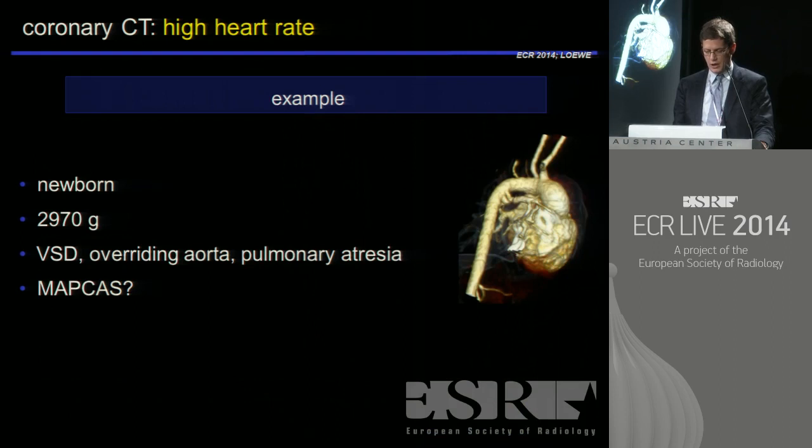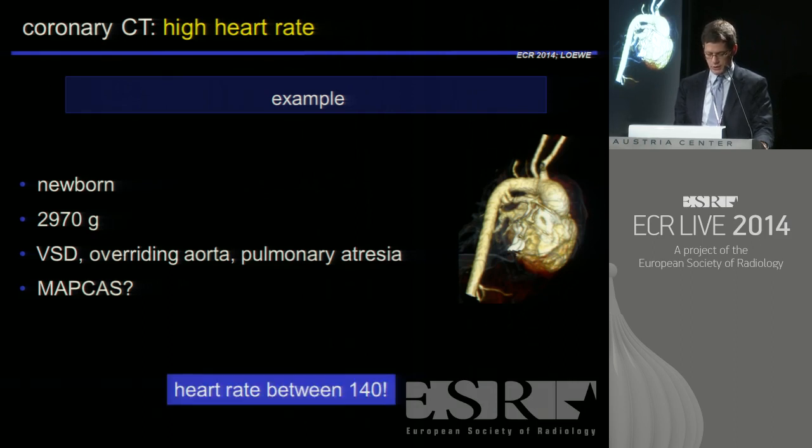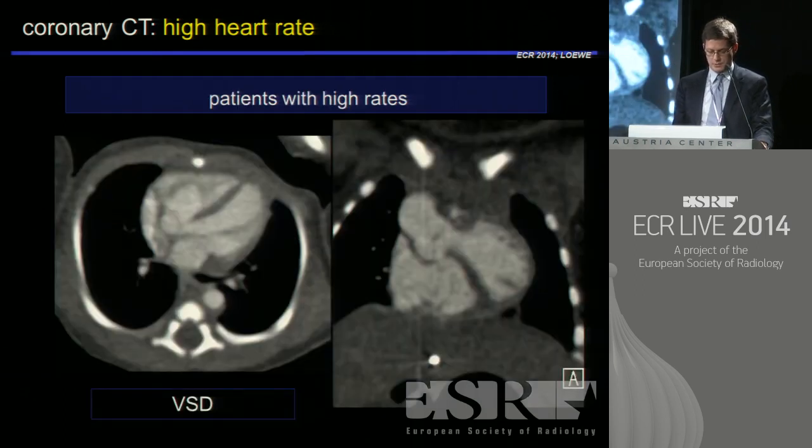Another example is a newborn below 3 kilograms with a complex congenital heart disease, and the question if there are some possibilities for surgical treatment, yes or no. The patient comes in with a heart rate of 140, which is normal for kids at that age. And of course, it's not possible to reduce the heart rate up to our target heart rate of below 70. So we imaged the patient even at the high heart rate.